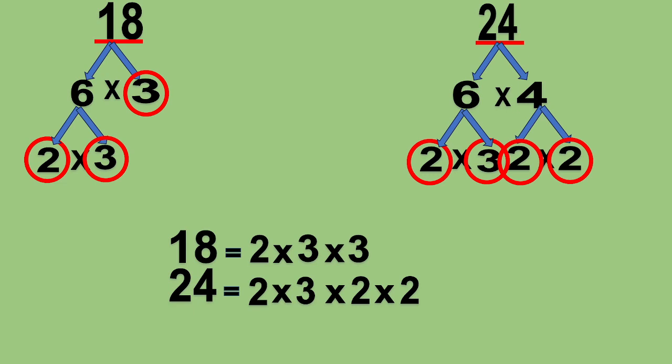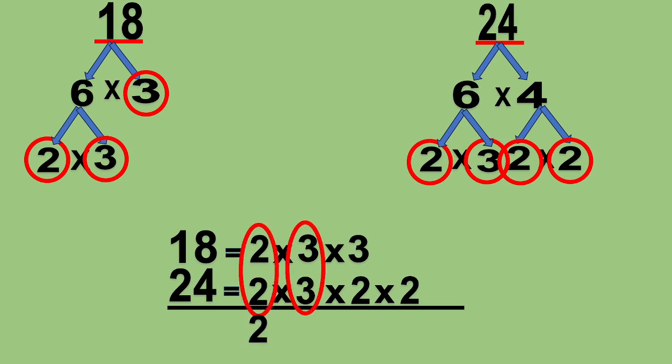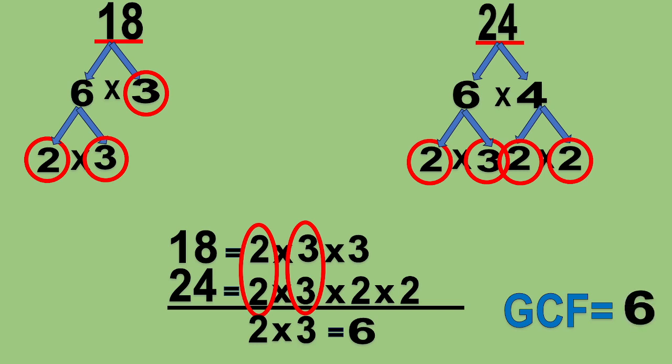Then, we need to find the common prime factors of 18 and 24. We have 2 and 3. Then, multiply the common prime factors. 2 times 3 equals 6. So, the GCF or the greatest common factor is 6.